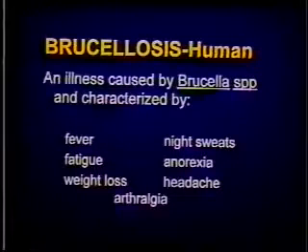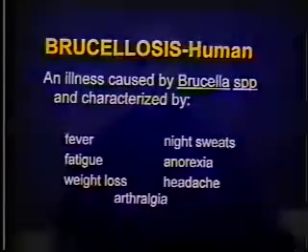In humans, while abortions can occur in affected women, it primarily is a disease of fever, of joint pains, of fatigue, and historically has been known as undulant fever, and as that suggests, the fever undulates usually by peaking during the nights and accompanied by night sweating, and then less fever during the day.